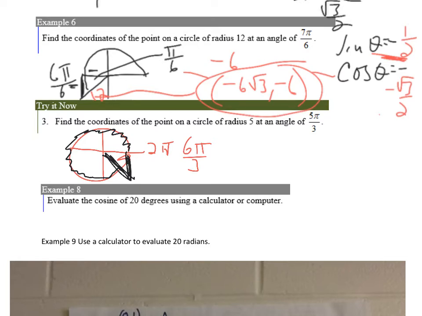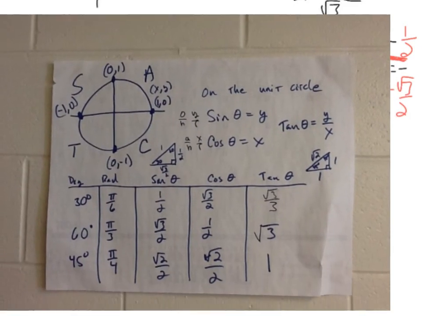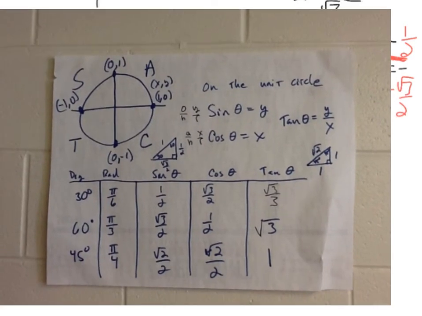I know the reference angle is going to be, well, let's see, if you take 6 pi over 3 minus 5 pi over 3, the reference angle is going to be pi over 3. So how does that work if I know the reference angle? Well, if the reference angle is pi over 3 radians, I know the y value will be root 3 over 2, the cosine, the x value will be 1/2.